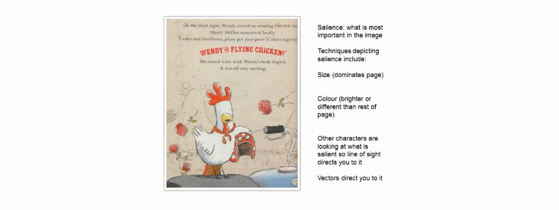The red headings, Wendy the flying chicken, and the red comb of the chicken, and the red helmet and the little red tie. All of that's really salient, isn't it? The size, she's really big. The colour is brighter, and there are vectors directed. Even though she's got two little dot eyes, she's looking directly at us. So there's salience here as well.